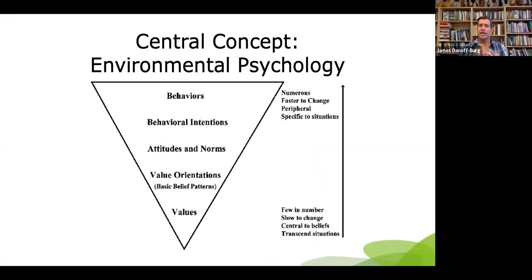So that behavior change can manifest in a bunch of different ways, right? What we have here is this idea of the ways in which we can enact change in our communities. At the top of this hierarchy that we have here are behaviors, and they're the broadest base of the pyramid because they are the most numerous. There are lots of behaviors that we can identify that we want to try to change in our community, in our populace, in our target group of people. They're faster to change.